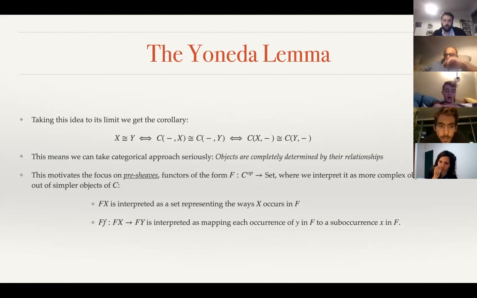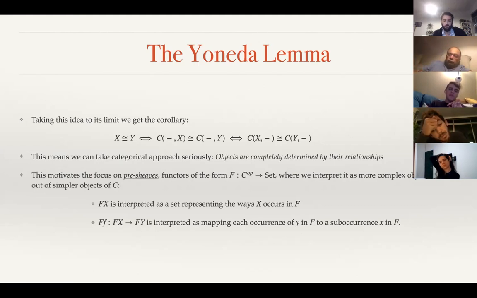Presheaves combine together well. We can basically always take limits and colimits of diagrams of presheaves, which becomes extremely useful when you want to construct things. So if we have a presheaf, we're going to interpret F(X) as a set representing ways X occurs in F, right? So it's a structure on top of this original object X, which gives it a new context.